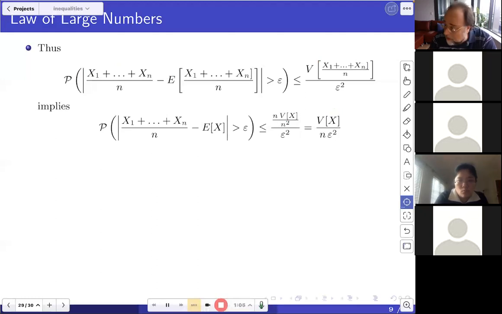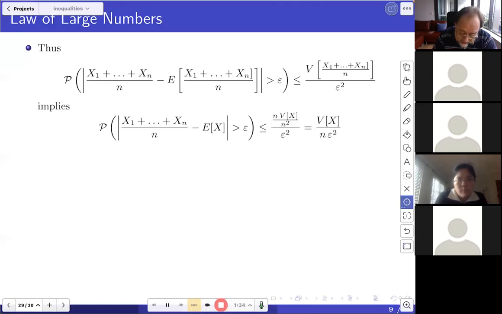What we are showing here is just for the case of independent and equally distributed variables. Equal distribution doesn't matter that much.